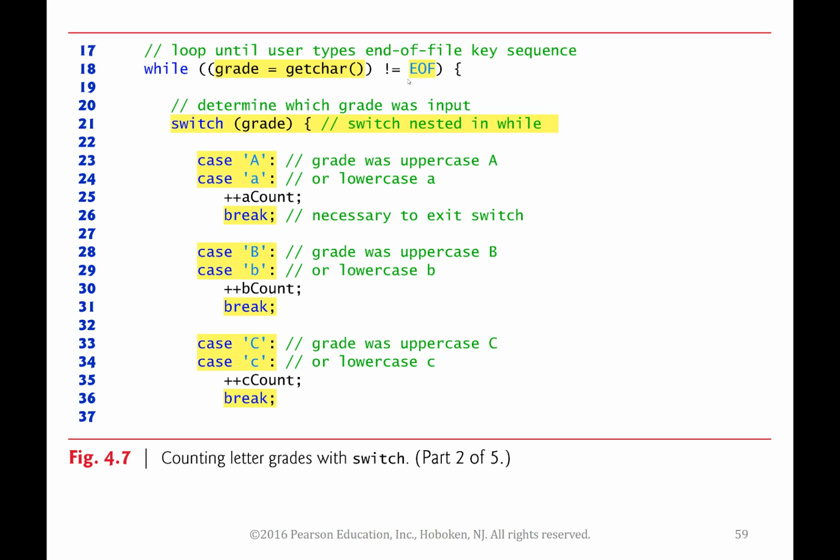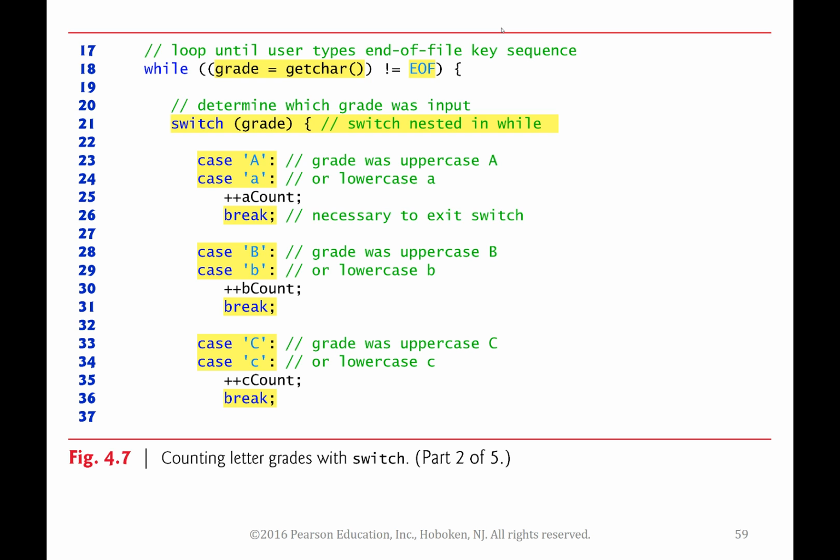Every file stored on your computer has, as the very last character in that file, a control character, Control Z. And that tells the computer, when you read the file, that it's reached the end of file.